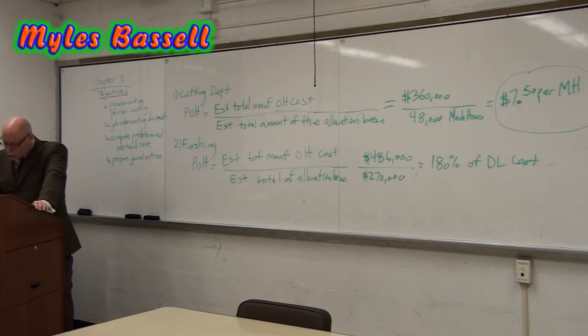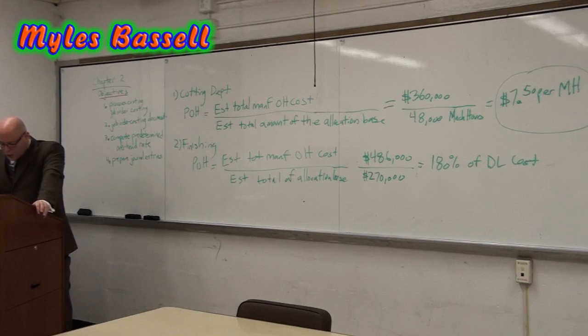Now they recognize there's 2 separate departments, cutting and finishing, and they tell us the direct labor hours for cutting, the machine hours, the materials requisition, and the direct labor cost. And we have that information for both cutting and finishing.